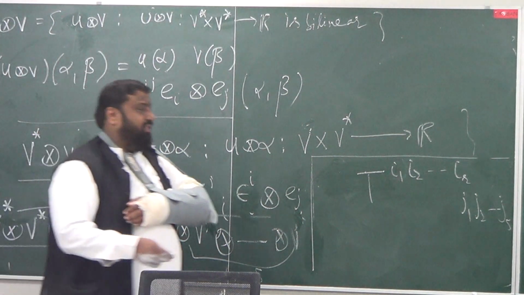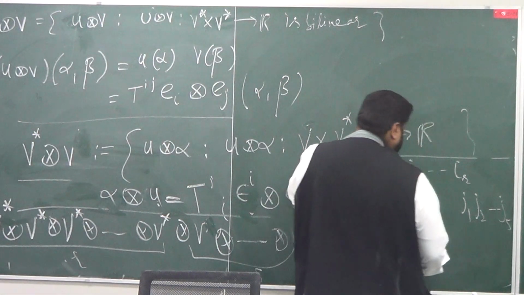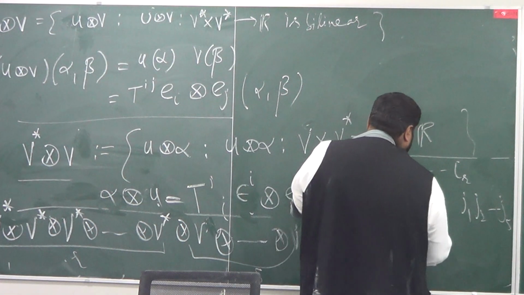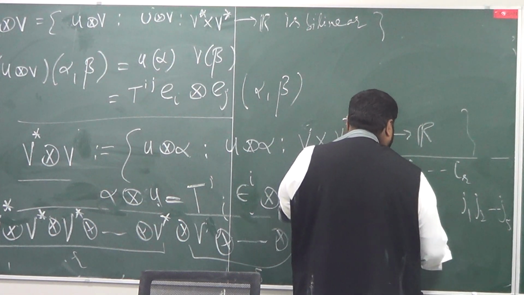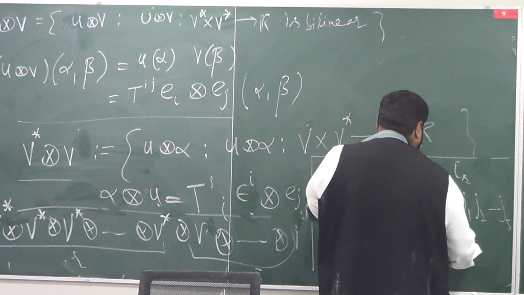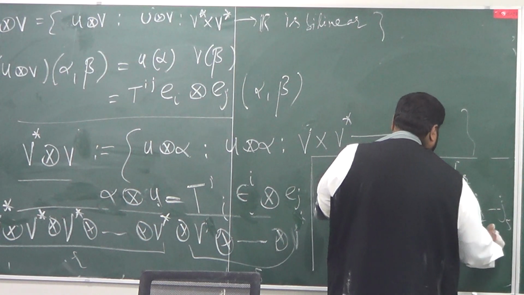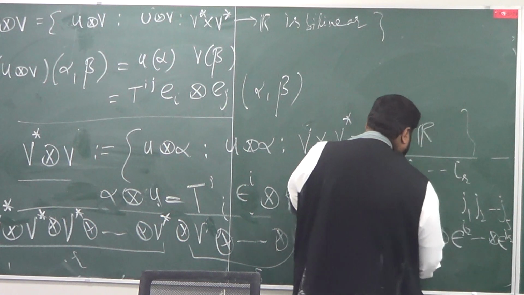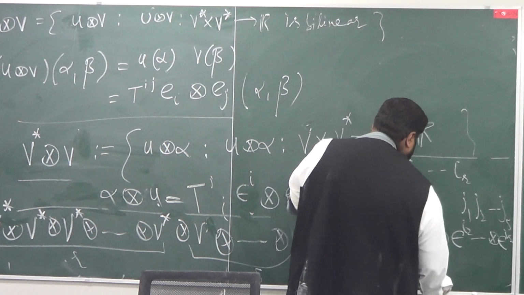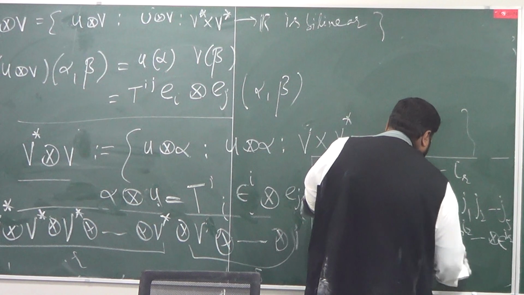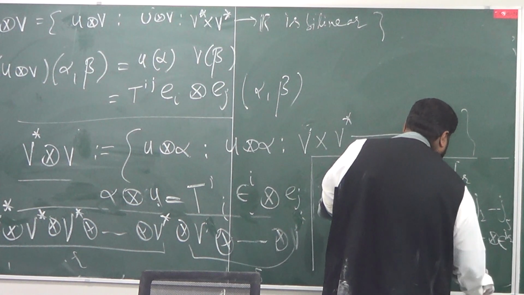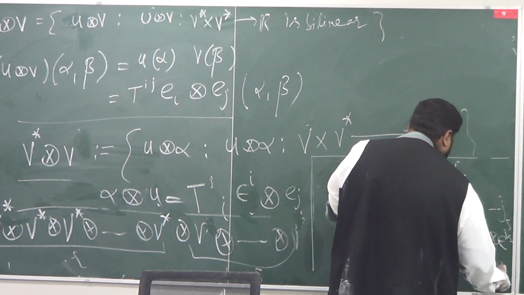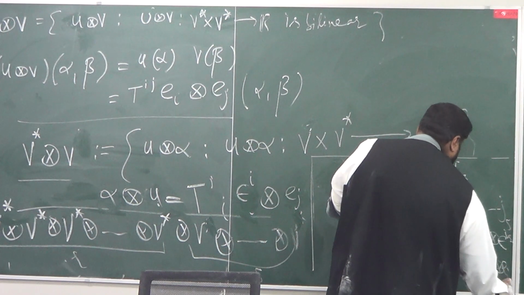So it's like epsilon I1 tensor product epsilon I2 tensor product epsilon IR tensor product E J1 tensor product E J2 tensor product E JS actually.